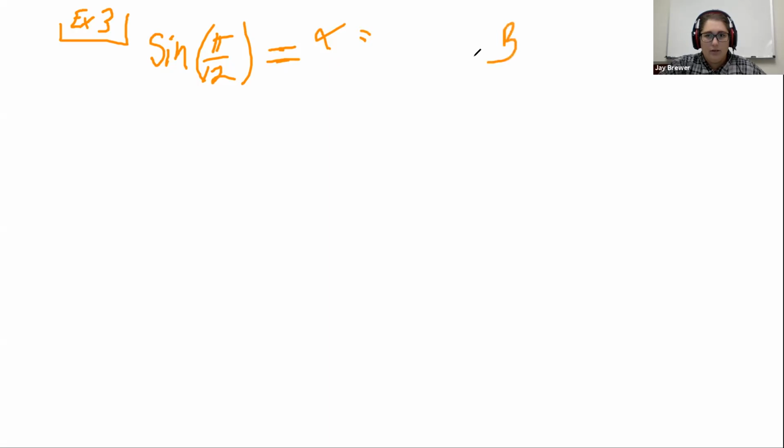What would you think our alpha and beta should be? If you use a sum, the order doesn't really matter as long as you keep it consistent. Whatever's alpha is alpha, whatever's beta is beta.